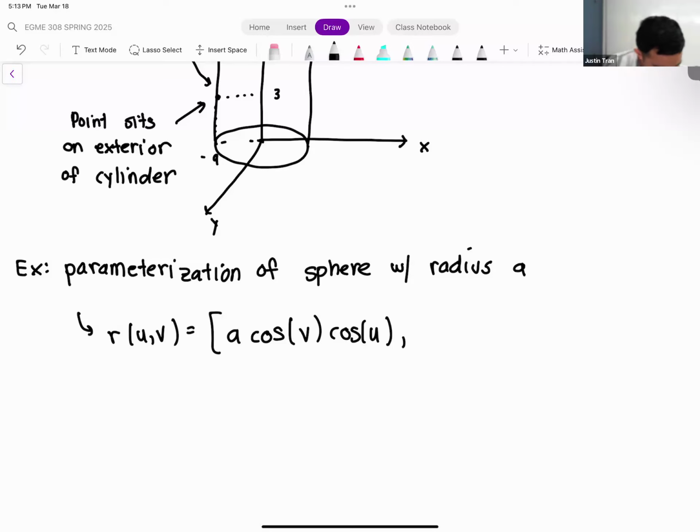The y coordinate is a times cosine of v multiplied by sine of u. And the z component is just a sine of v.